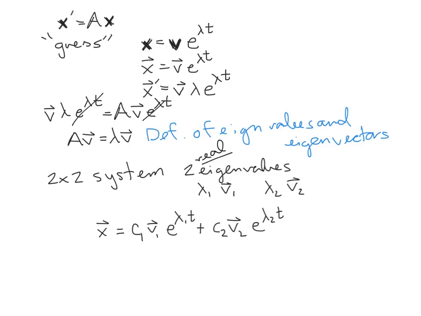All right, so let me give you some steps. I'm going to make this easier instead of writing all that out again. Steps to solve x prime equals some matrix times x with real eigenvalues.